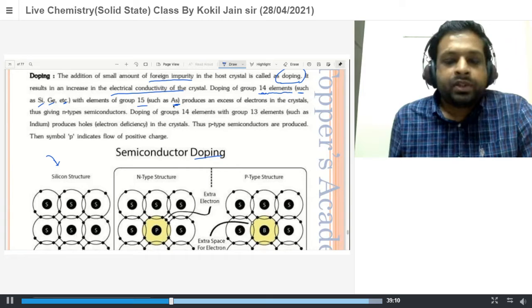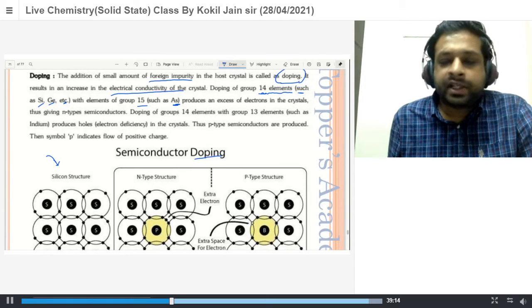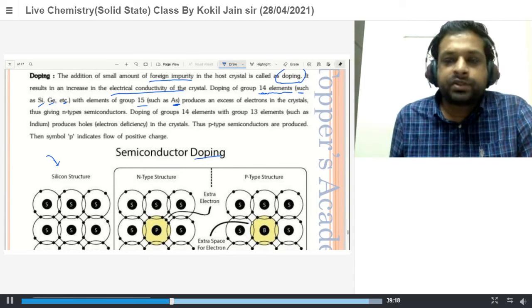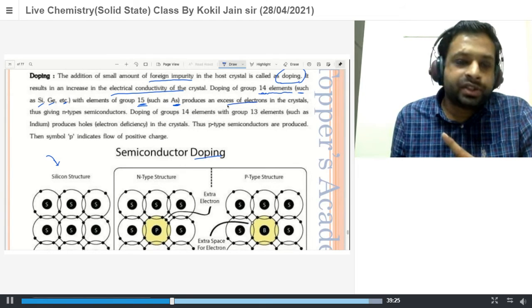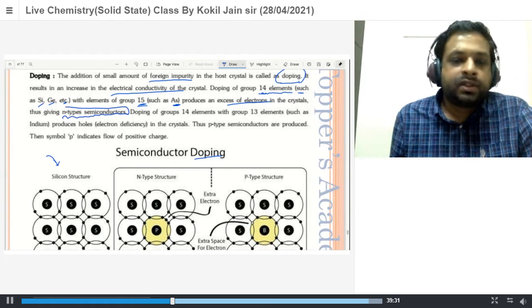Now when we introduce arsenic or, let's say, phosphorus, a group 15 element here, it produces an excess of electrons in the crystal. We call it an N type semiconductor.